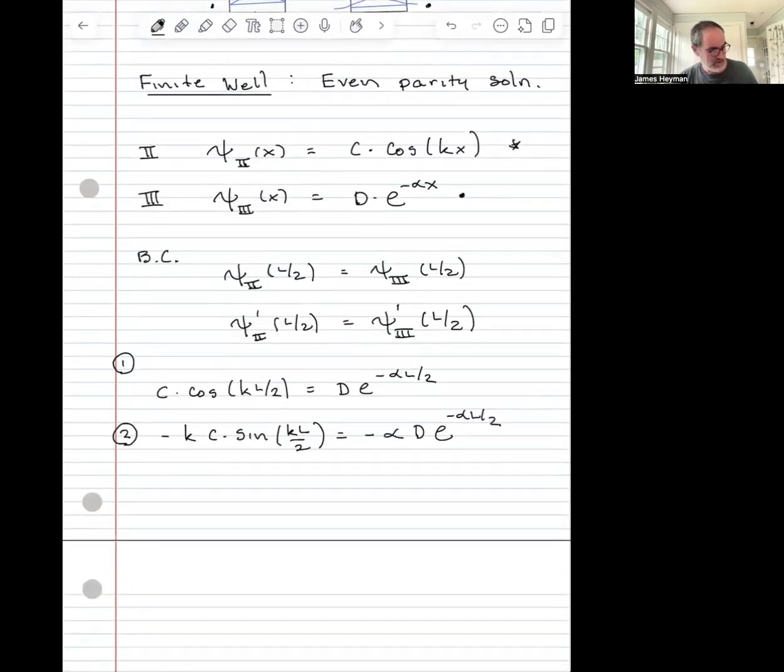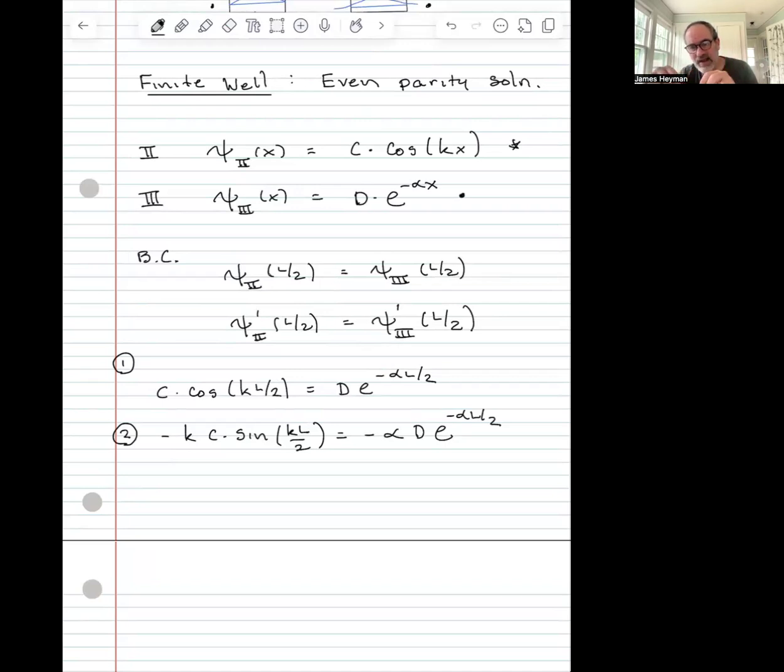Now we're going to simplify this with a trick. What we're really interested in now is finding an equation for k or for alpha, since either of those would tell us what the energy is. We're not so interested in exactly what the wave function looks like, so we don't really care about C and D right now.